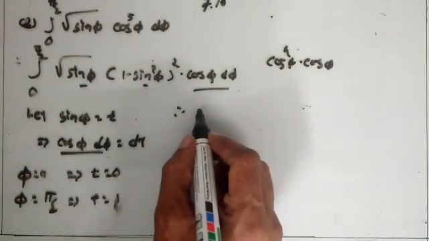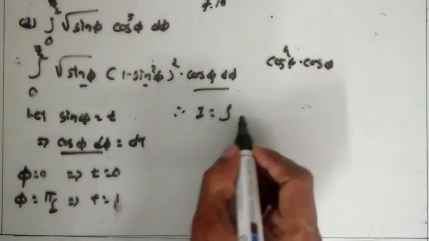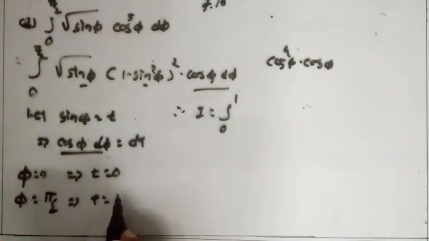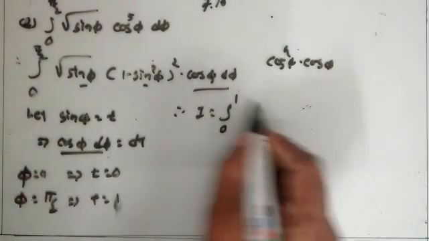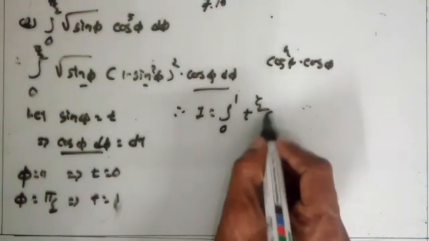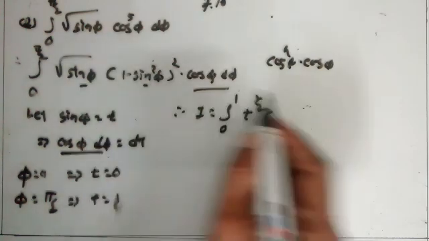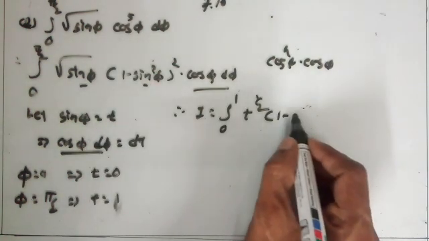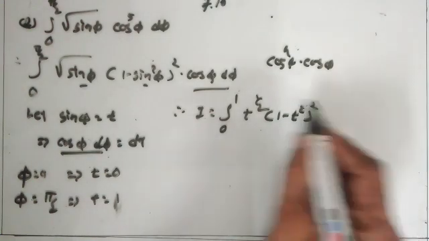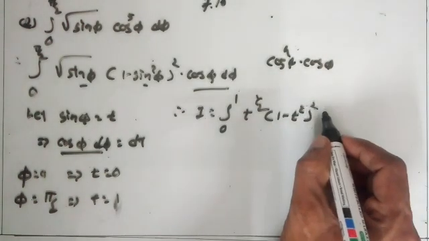Therefore, this integration becomes integral from 0 to 1 of t raised to 1 by 2 into (1 minus sin square phi), that is (1 minus t square) raised to 2, and cos phi d phi is equal to dt.